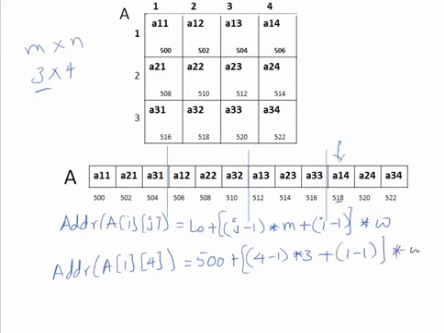If you assume that this is integer type, then w is 2. So this is 500 plus 9 into 2, and this is 518. That's it, we got the address 518.